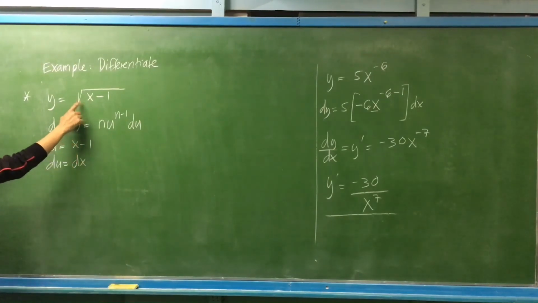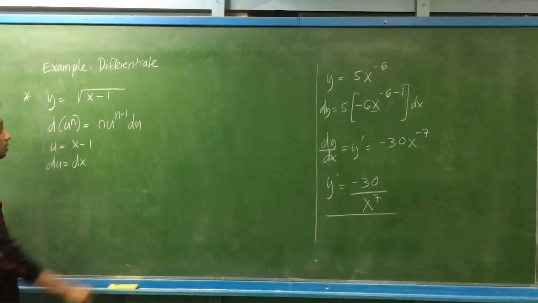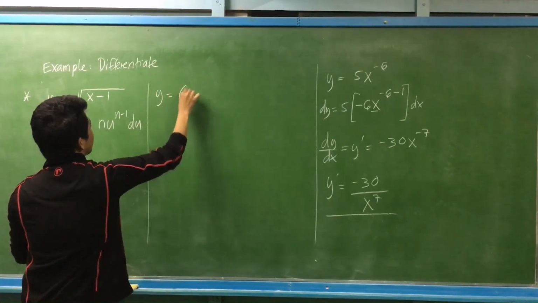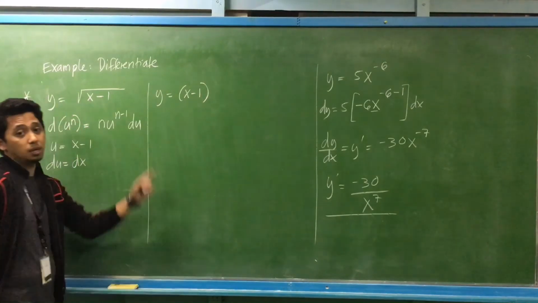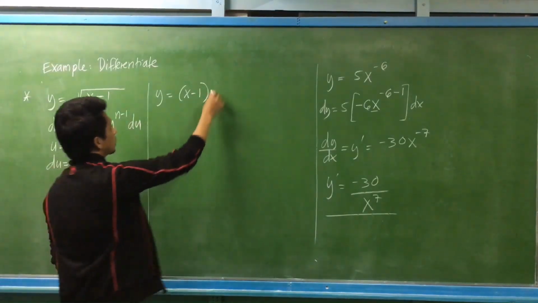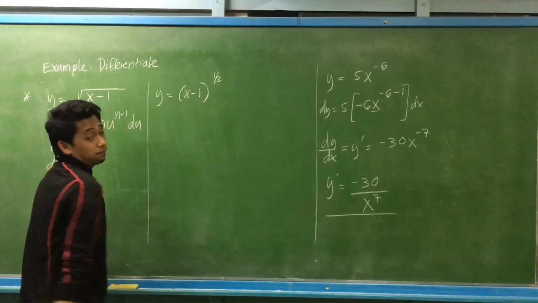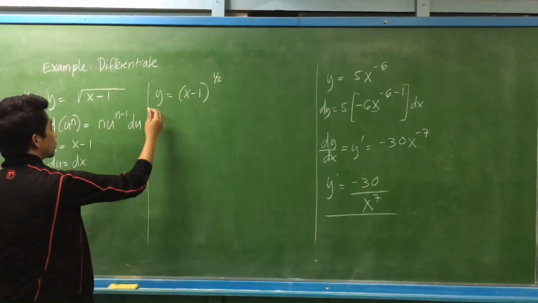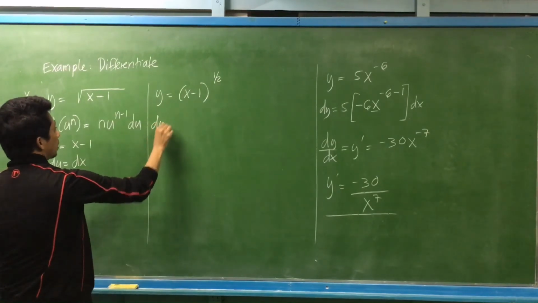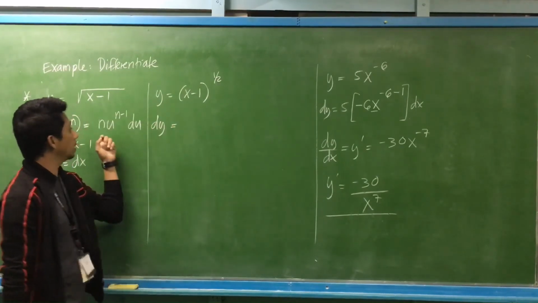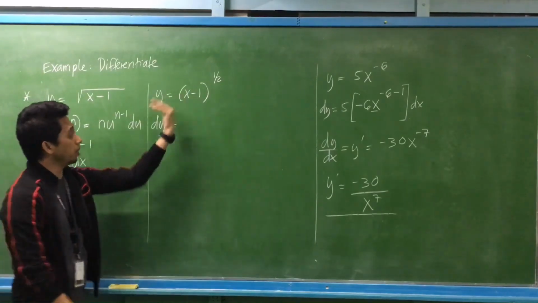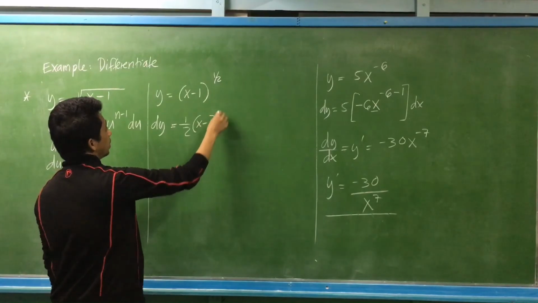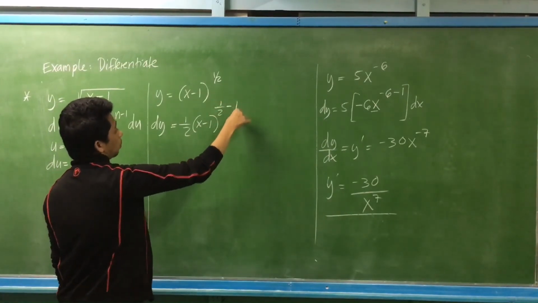You may convert this into an exponent, obviously. So y is the same as x minus 1 raised to 1/2, since square root is the same as raised to 1/2. Then apply the power rule. So applying the chain rule or power rule, bring down the exponent: this is 1/2 multiplied by x minus 1 raised to the exponent less 1.